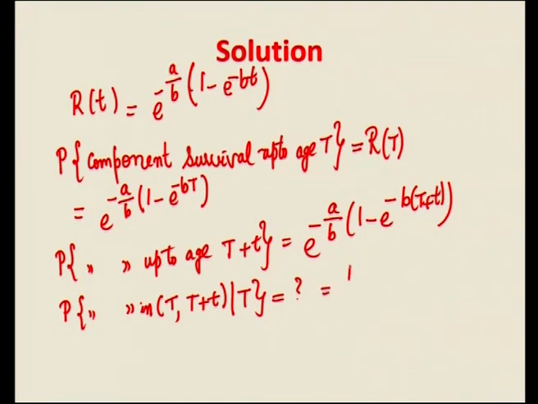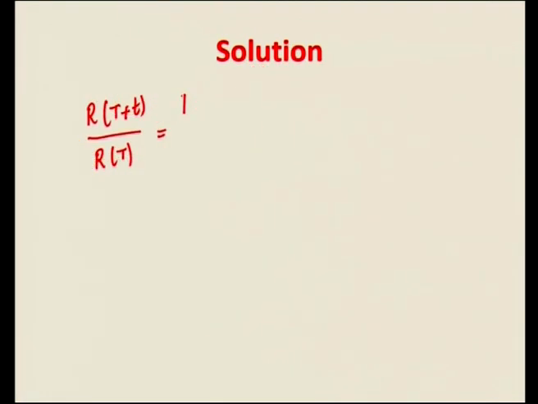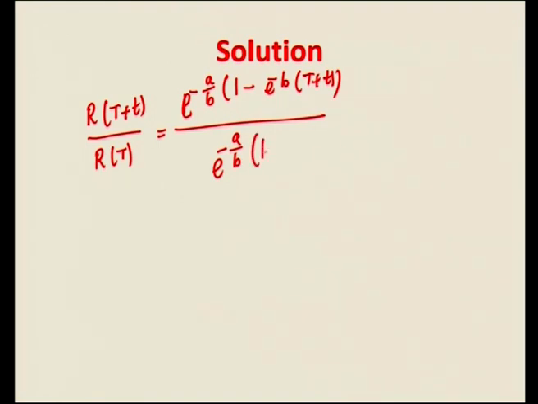This is R of capital T plus t divided by R of capital T. So, you have to substitute these relevant quantities there. That is given by e power minus a by b into 1 minus e power minus b into capital T plus t, divided by e power minus a by b into 1 minus e power minus b capital T. So, this is the answer we want. The solution is given by this expression.